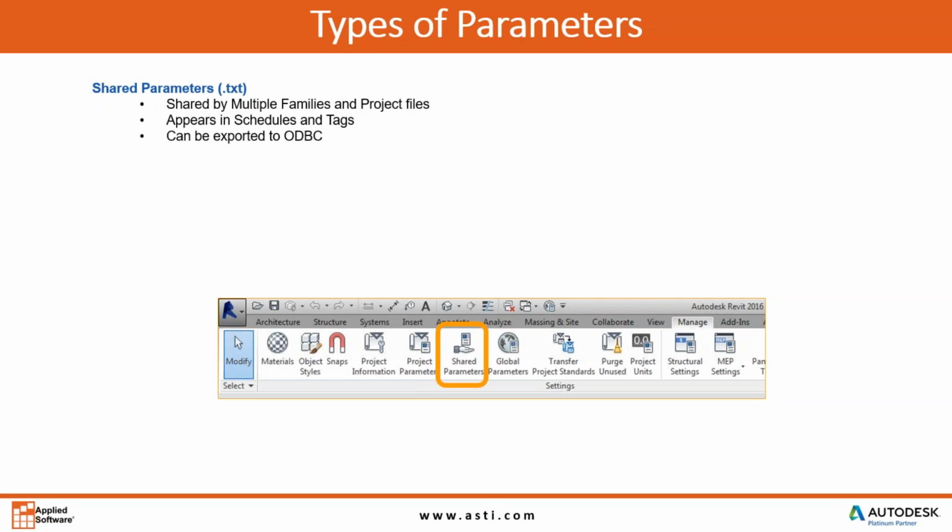Also, this information can be exported out to an ODBC database to deal with it in more of a database kind of scenario. And then ultimately, in the big picture, this is a text file that's outside of Revit. That's where the information is housed.